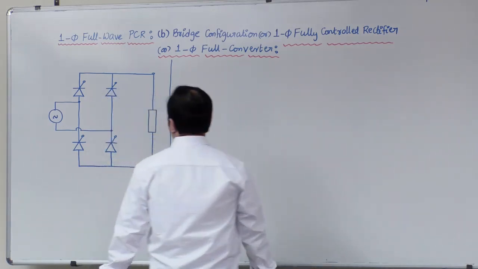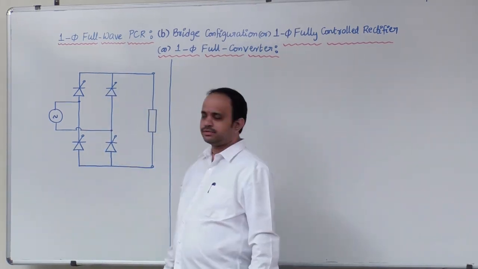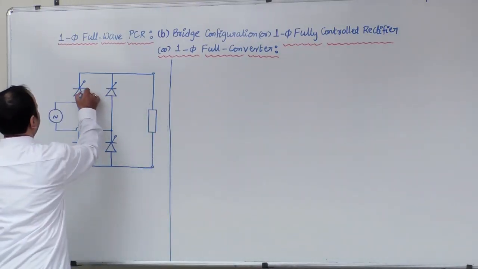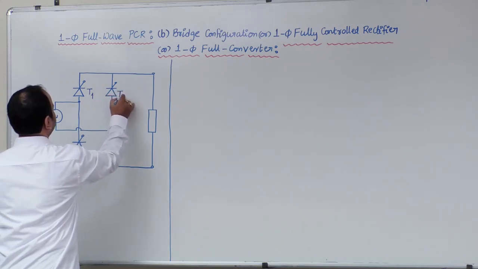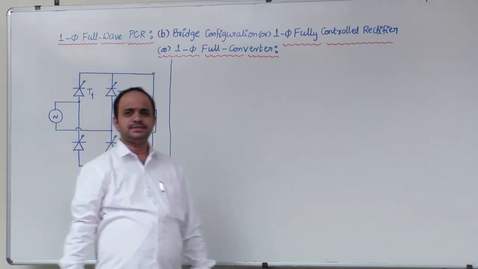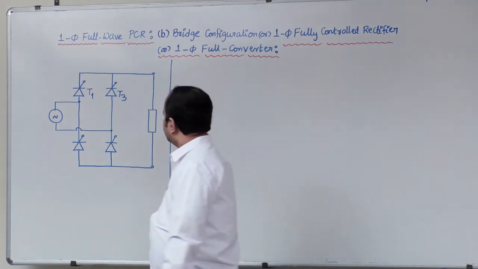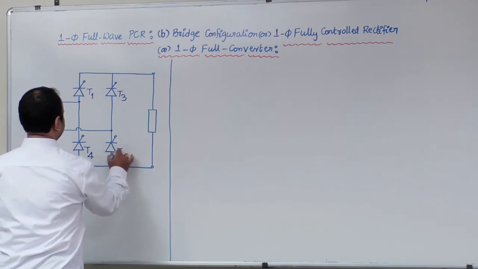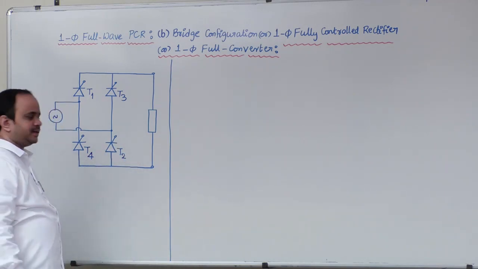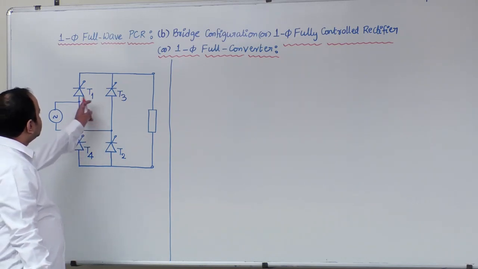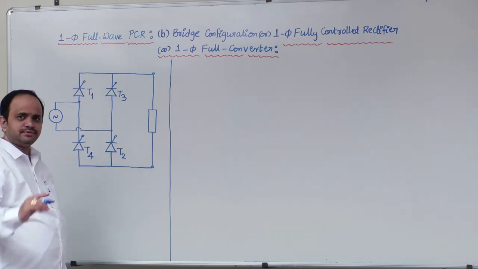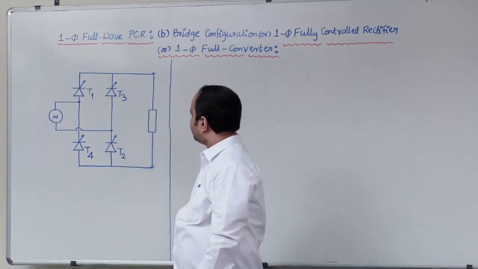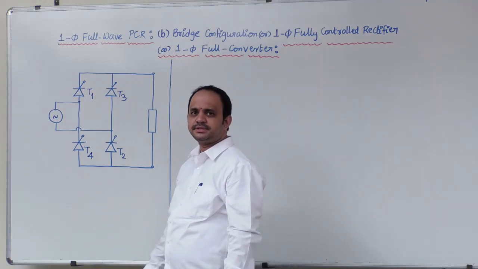In this bridge circuit, the upper half devices are numbered with odd numbers T1, T3, and the lower half devices are numbered T4 and T2. The reason for numbering like this we'll discuss later, in the three-phase rectifier, where I will explain in detail. For the time being, just take this number sequence as the standard sequence.